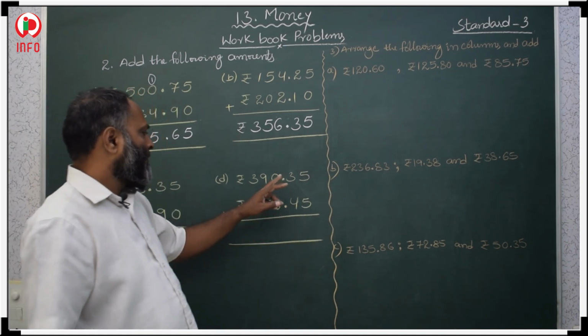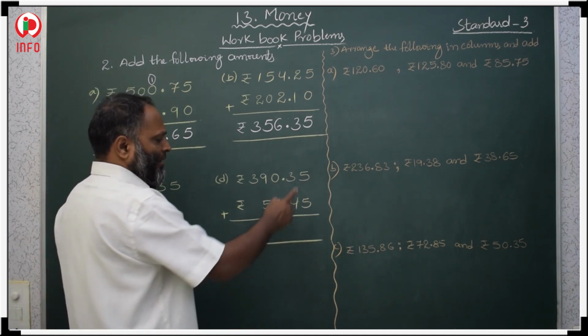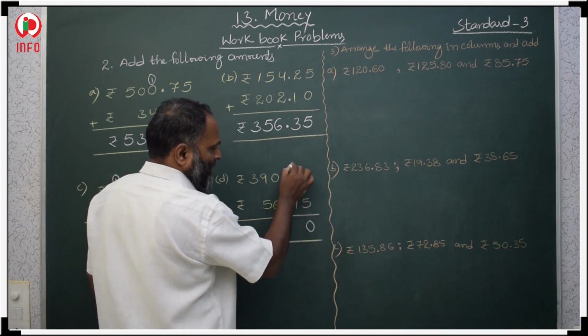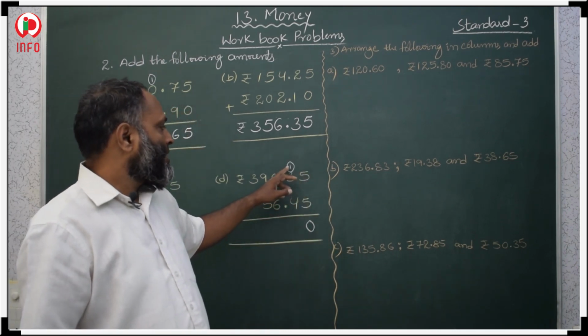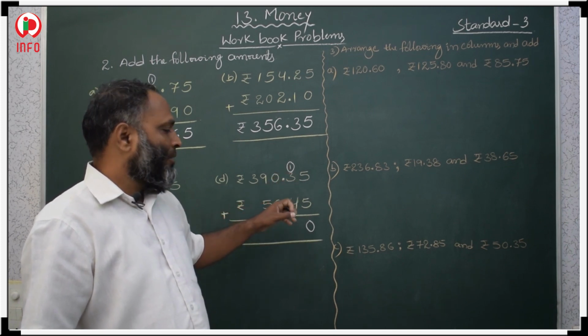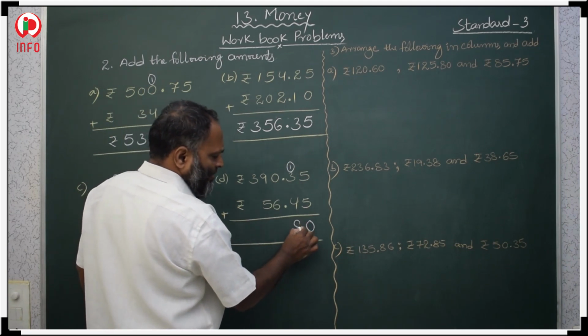Now, here the extreme right digit, that is 5 plus 5. 5 plus 5, 10. 10 means 0 in the ones place and 1 we take as carry over to the tens place of the pies. Then 3 plus 1, 4. 4 plus 4, 5, 6, 7, 8. 8 in the tens place of the pies.